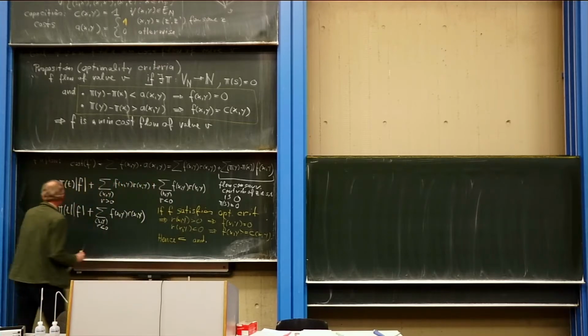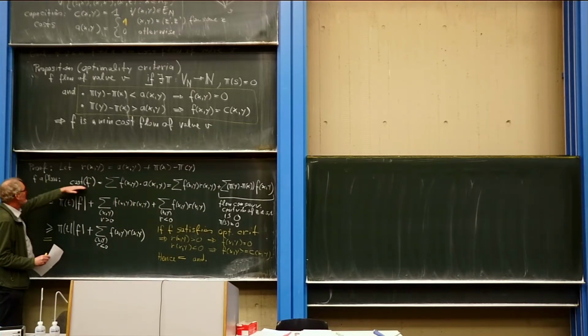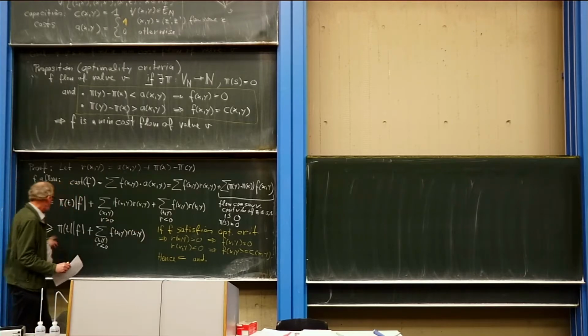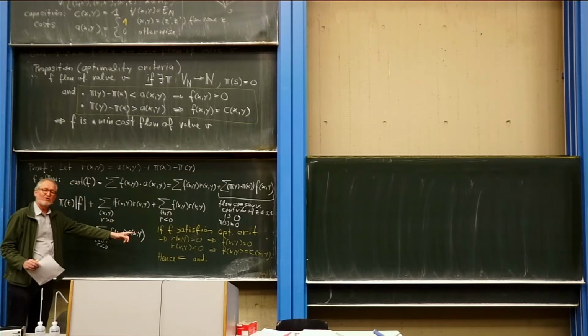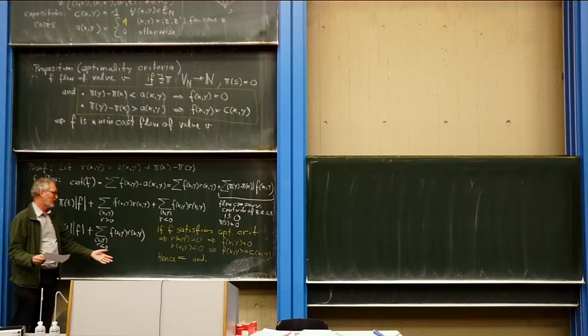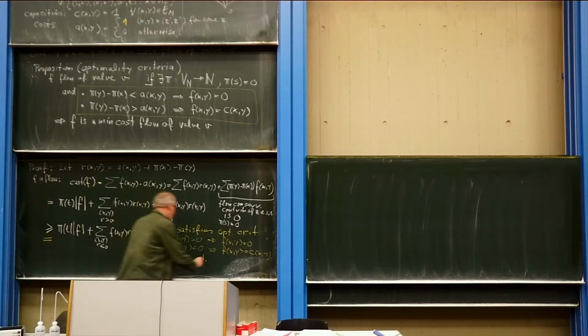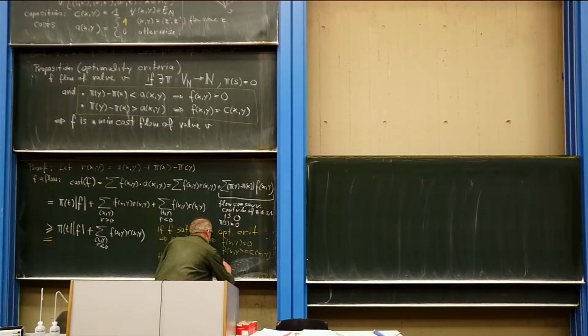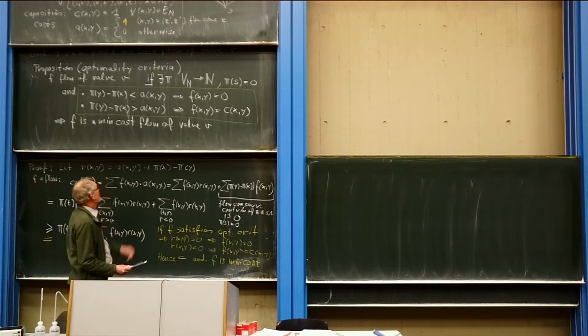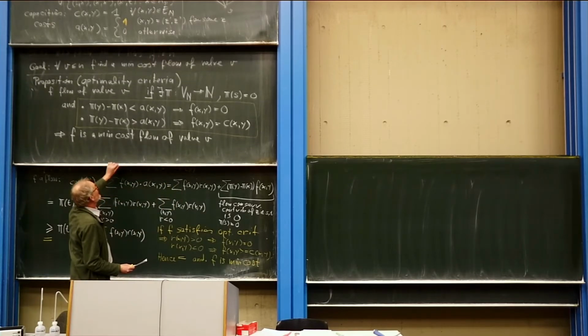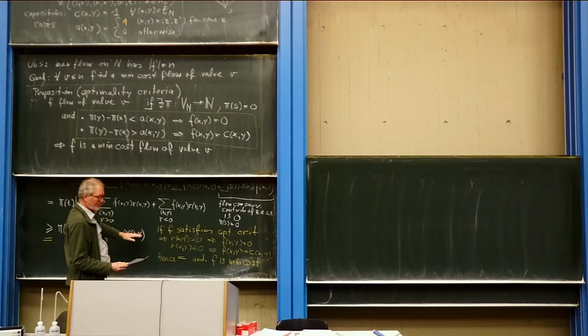And so the cost of the flow attains a lower bound on the cost of the flow. So it's a min cost flow. f is min cost. Yeah, so this is the optimality criterion with its proof.